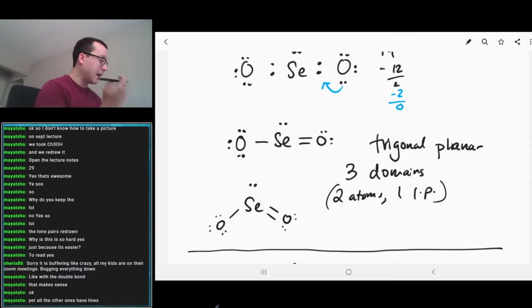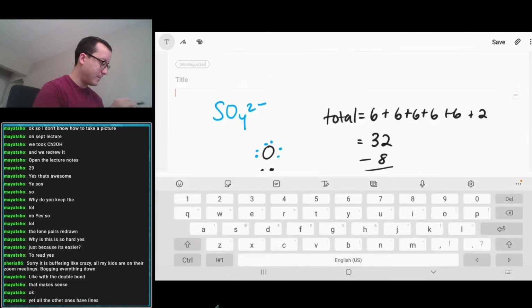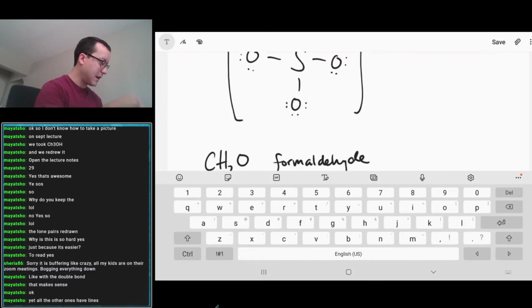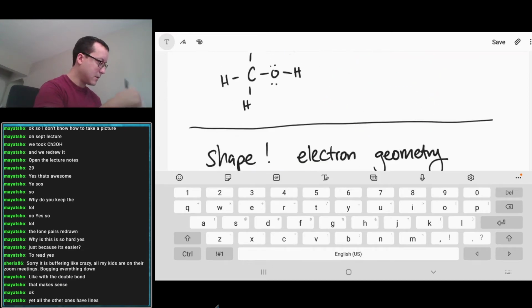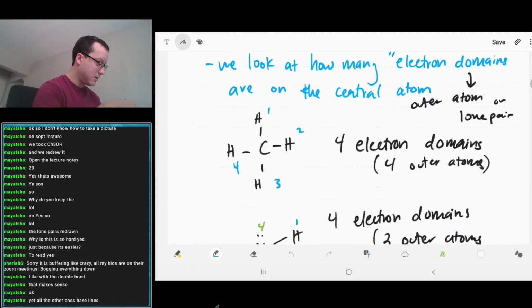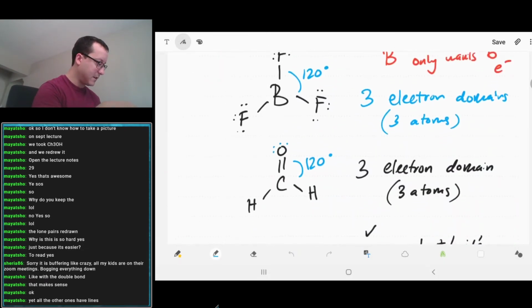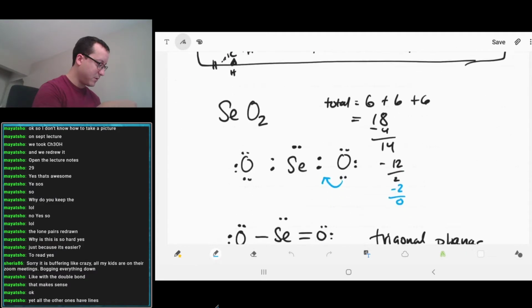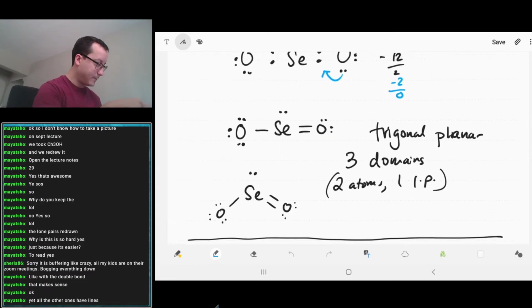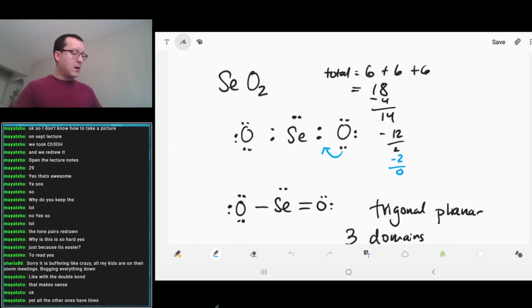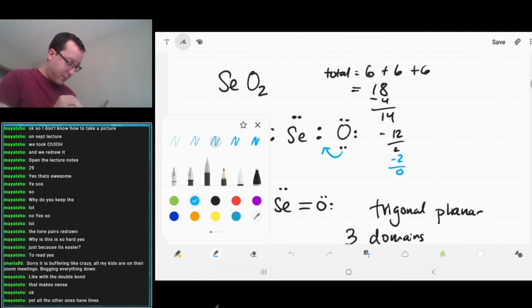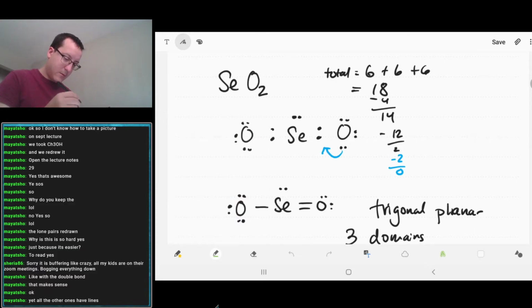Okay, so I think I see what the problem is. Let's take a look at what's a good example. Let's look at this one. I'm going to use a different color here.